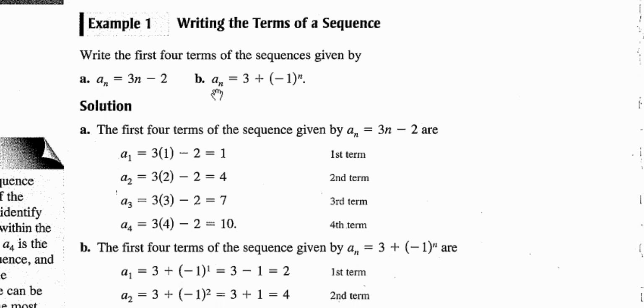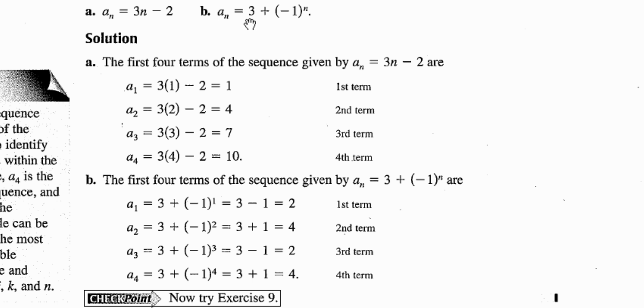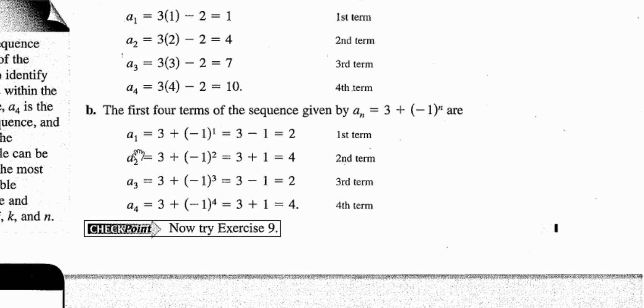Part B, a sub n is defined to be the expression 3 plus negative 1 to the n. So a sub 1 is 3 plus negative 1 to the 1, which is 3 minus 1, which is 2. A sub 2 is 3 plus negative 1 squared, which is 3 plus 1, which is 4.